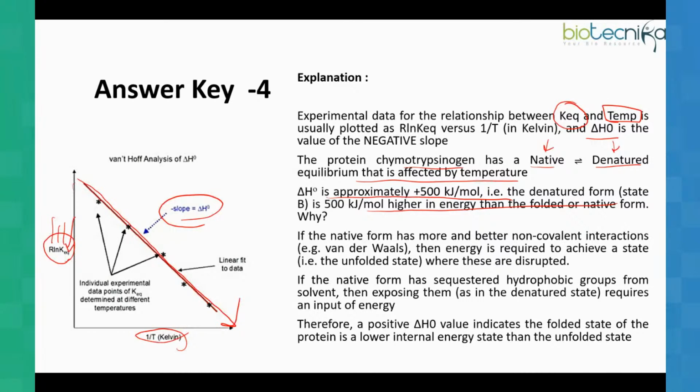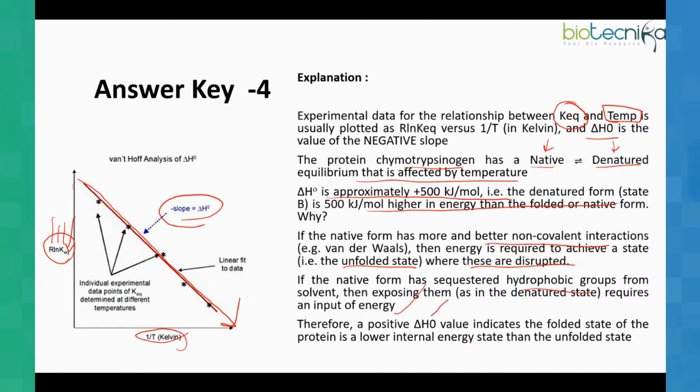Why? Because if the native form has more and better non-covalent interactions, then energy is required to achieve the unfolded state, where these bonds will be disrupted. And in the native form, some hydrophobic groups are sequestered from solvent, so exposing them will require an input of energy.